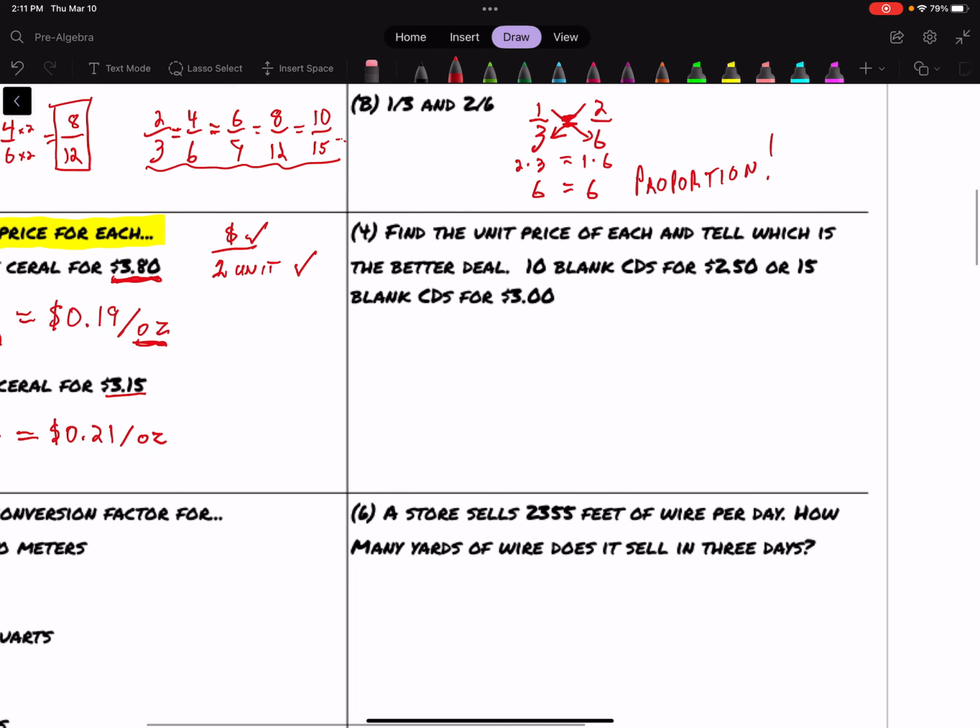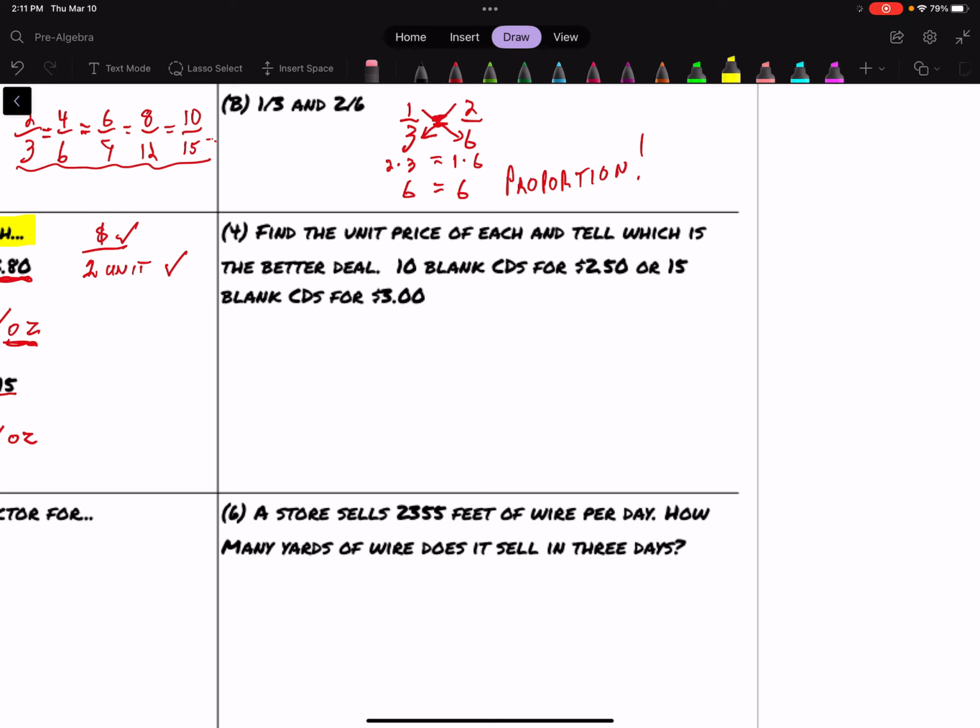All right, now number 4. Find the unit price of each and tell which is the better deal. So now we've got to do 2 unit prices and compare which one is the better single unit price. Let's do this first one: 10 blank CDs and $2.50.